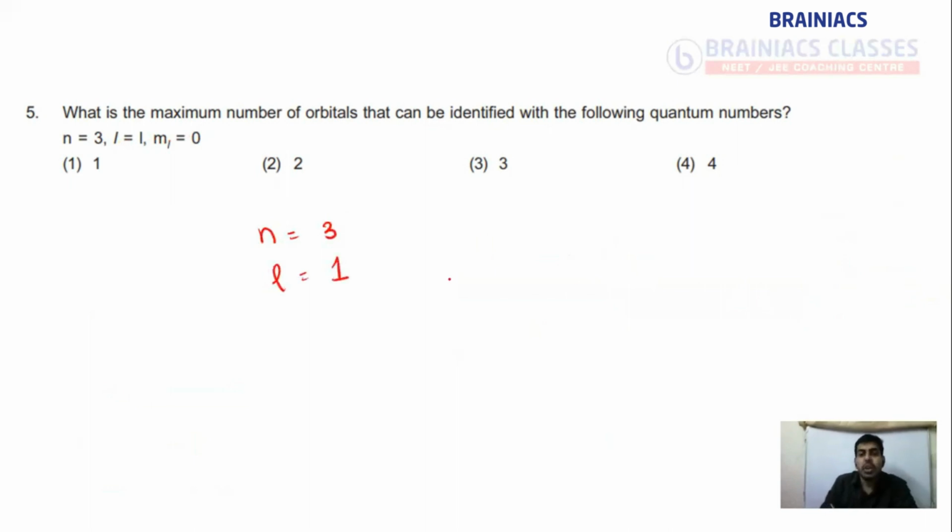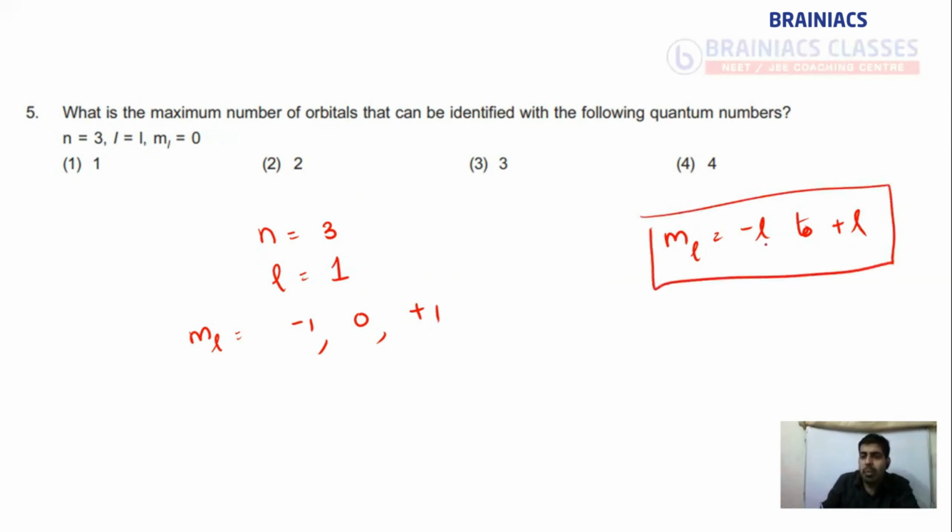If L is equal to 1, what values can ML have? ML is calculated using the equation ML is equal to minus L to plus L. So ML is equal to minus 1, 0, plus 1.